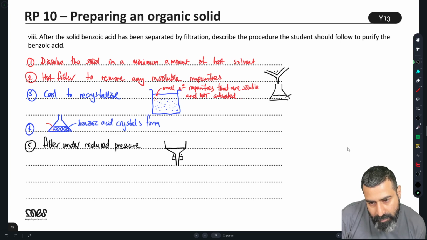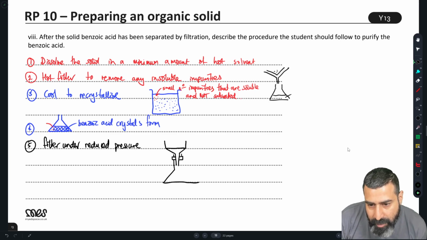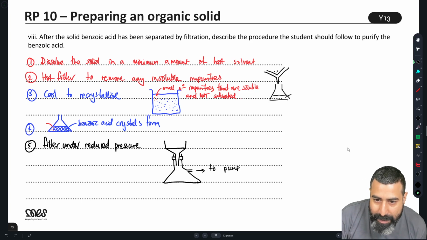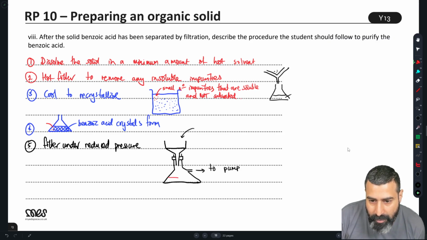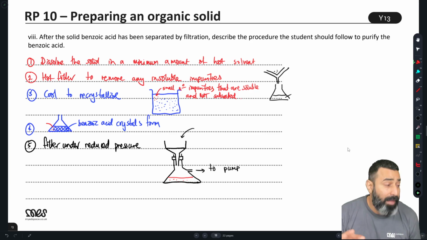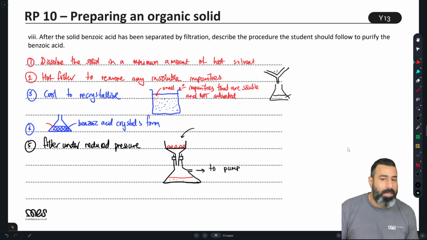So that's sealed. Ooh, that one should be connected to a pump. So that's to the pump. And then once we add this, the soluble impurities, they're going to go through. I mean, there weren't that many, I'm exaggerating it. And then the crystals are going to be collected on the filter paper.